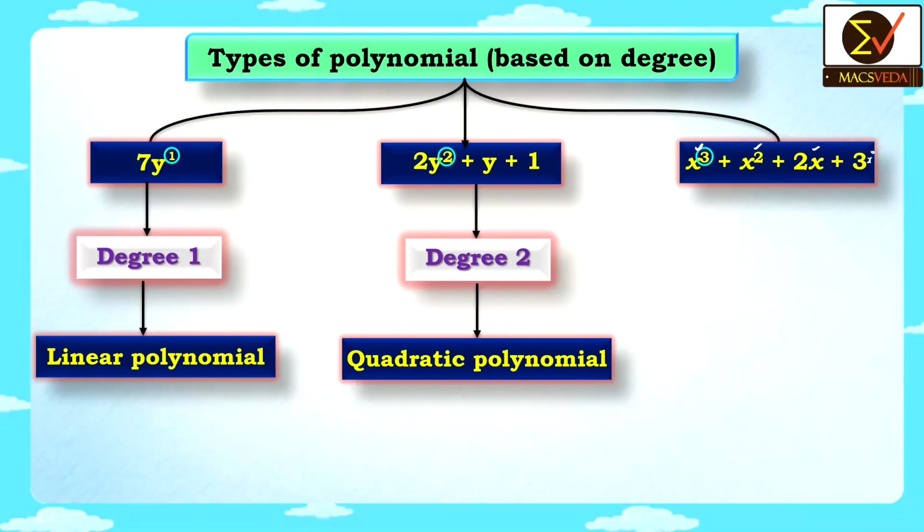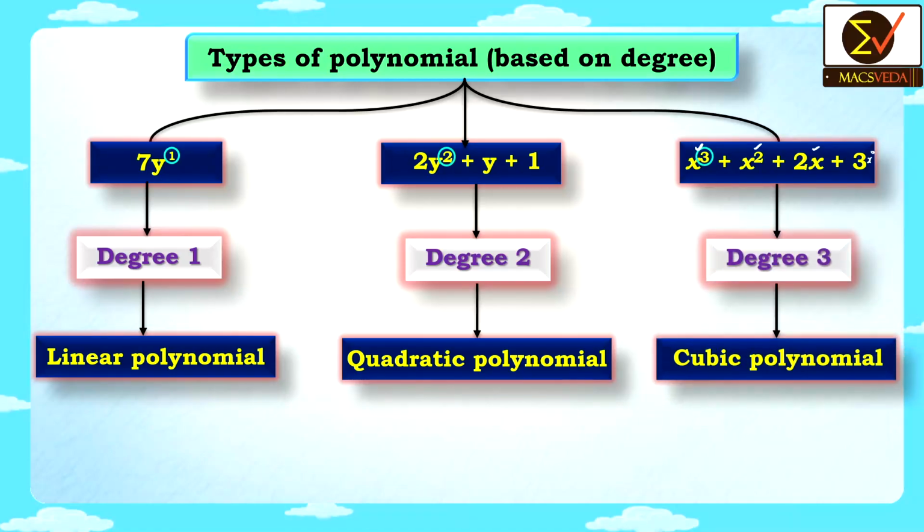And in the third example, the highest degree is 3. We call it a third degree polynomial or cubic polynomial. So this is how we can classify polynomials. First, we can classify polynomials based on how many terms the polynomial contains. Secondly, we can classify polynomials based on the degree, the highest degree appearing in the polynomial.